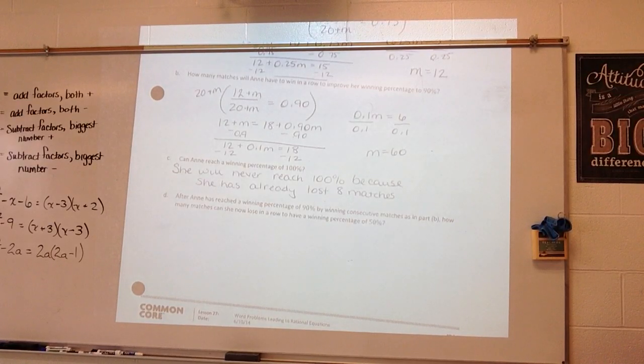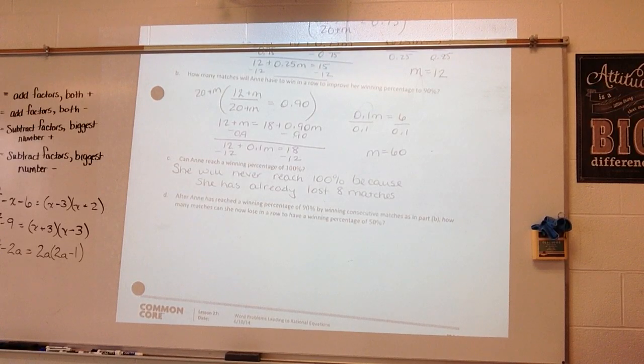After Anne has reached a winning percentage of 90% by winning consecutive matches in Part B, how many matches can she now lose in a row to have a winning percentage of 50%? Alright, so recall from Part B that she had won 72 matches out of 80 to reach a winning percentage of 90%.